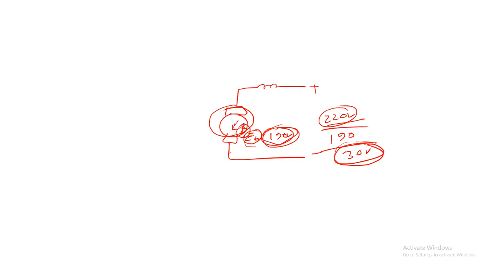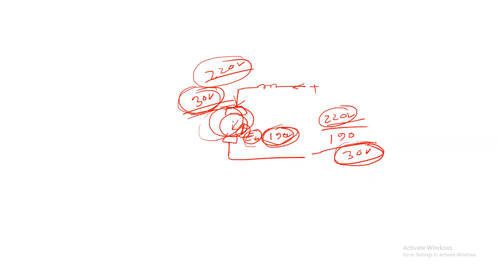But at the motor starting moment, if you directly supply this 220 volts to the motor, which only needs 30 volts, the motor will surely burn. The maximum load is 30 volts but your supply voltage is 220 volts.